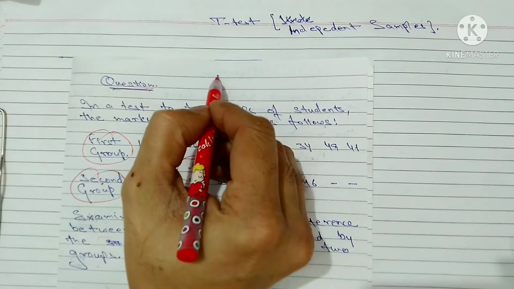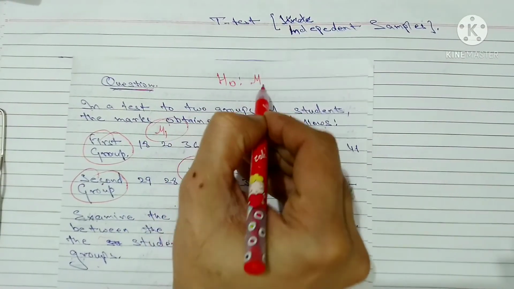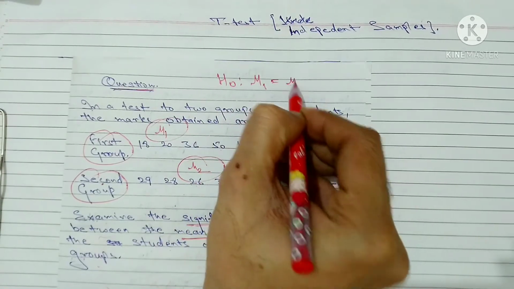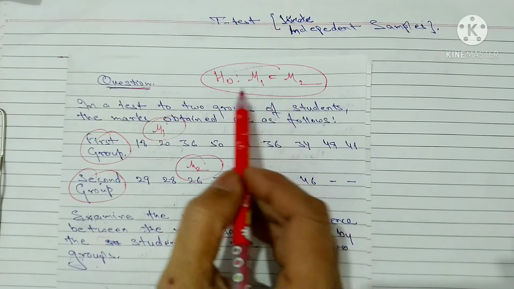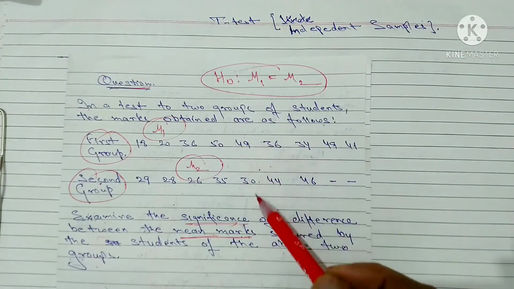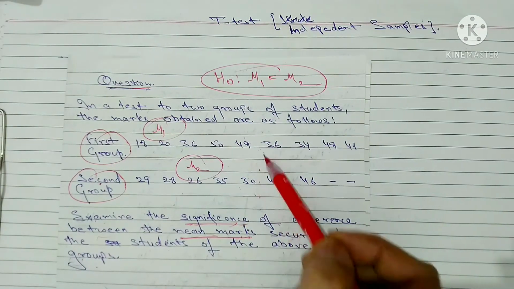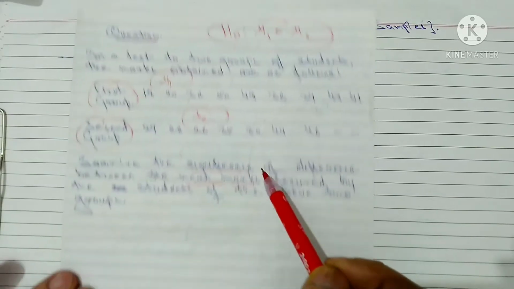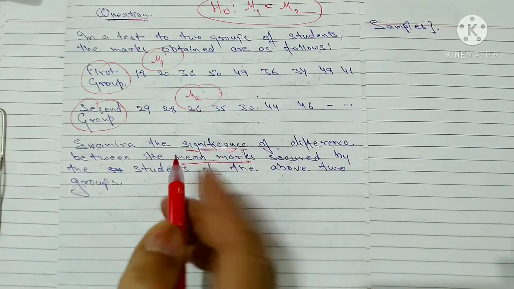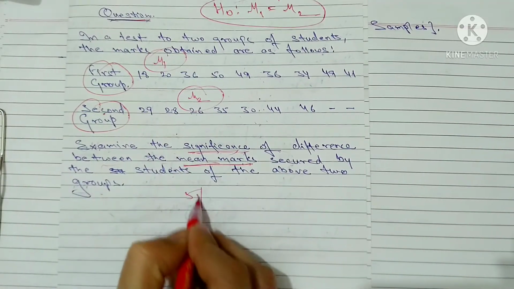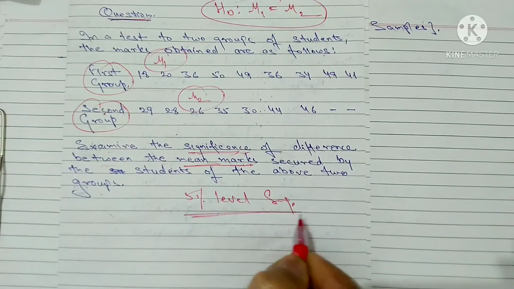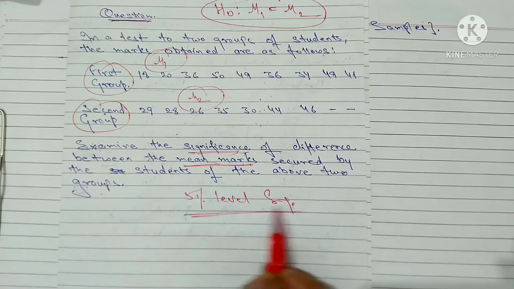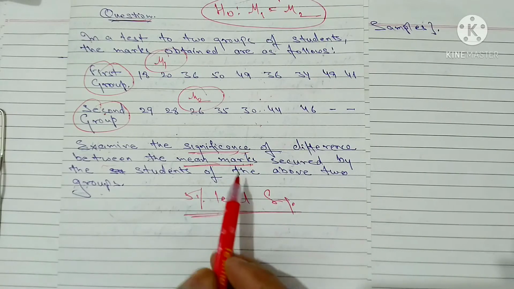So our null hypothesis is H0: mean of group 1 equals mean of group 2, meaning there is no significant difference in the mean marks of the two groups. We will check this at 5% level of significance or 95% confidence level.